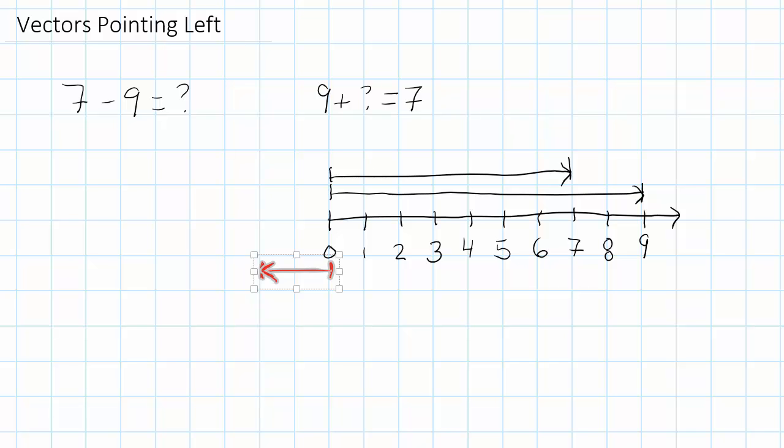In order to label this point, we need to extend our number line off to the left. Our number line has a 1 that's on the left, a 2 that's on the left, 3, 4.